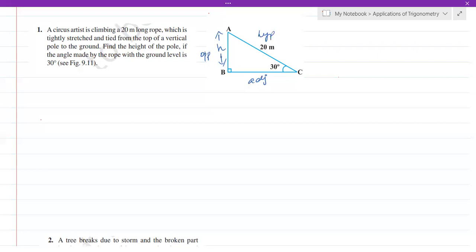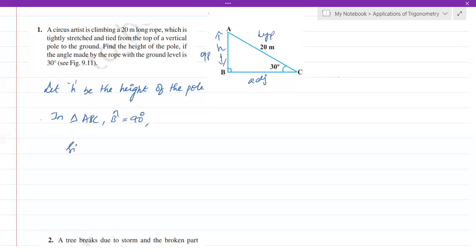Let h be the height of the pole. Therefore in triangle ABC, angle B is 90 degree. We are just saying that it's a right angle triangle.